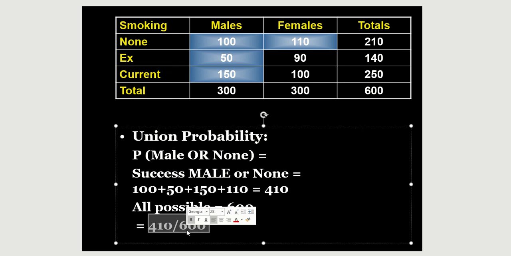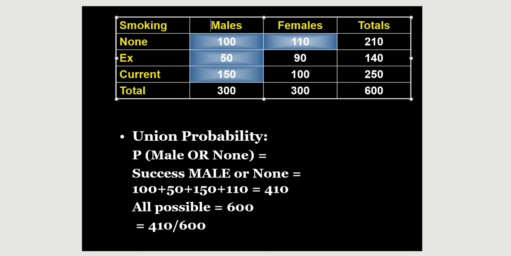If you wanted to take the totals, or what we call the marginals, the 300 male and the 210 non, if I add the 300 to the 210, I have to make sure to do minus 100 because that 100 has been counted twice, once with the males and once with the non, and therefore I take it one time out. And then I divide by 600, that will give me the correct answer.